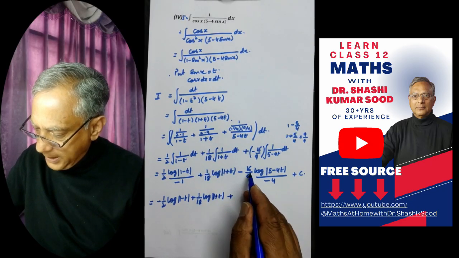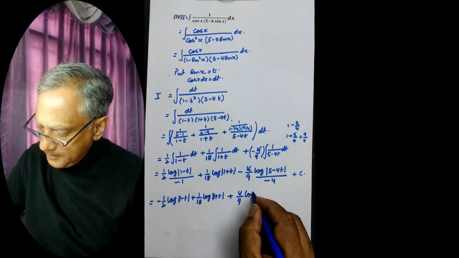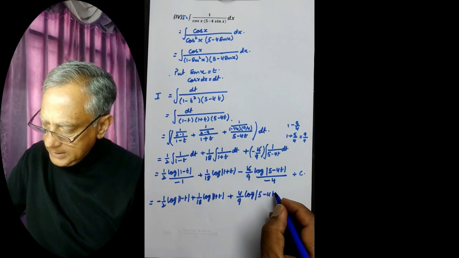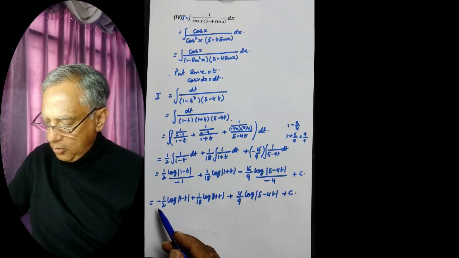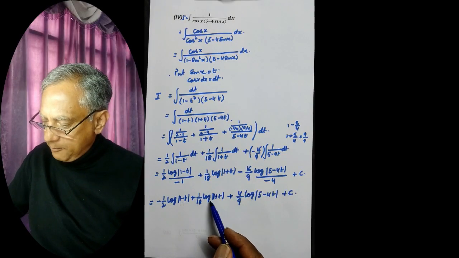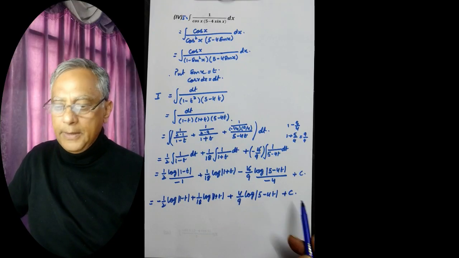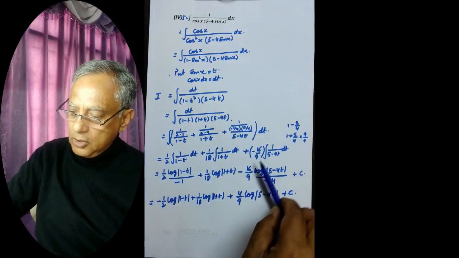We will have 4 by 9 log of 5 minus 4t plus c. So this is the answer: minus half log 1 minus t plus 1 by 18 log 1 plus t plus 4 by 9 log 5 minus 4t plus c. So this is how we use this single line rule.